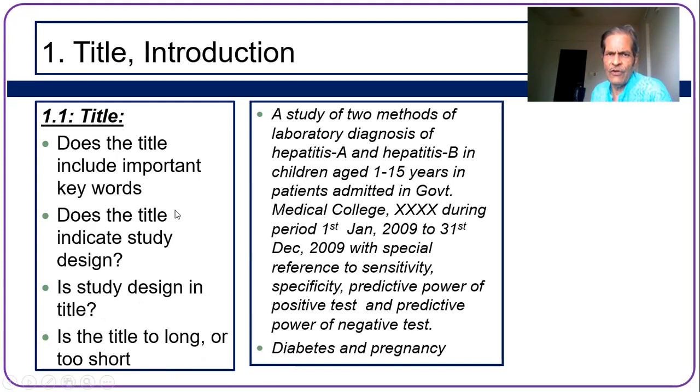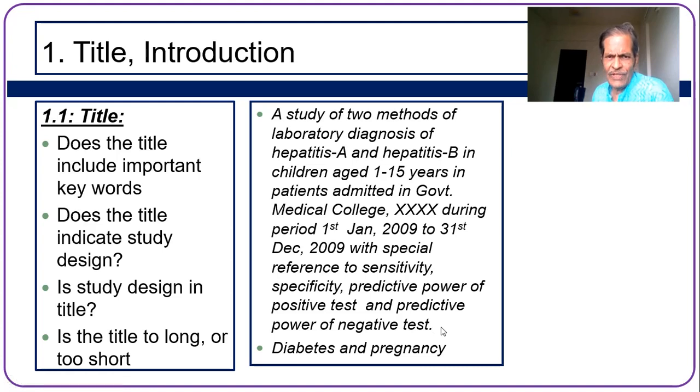The first is the study of two methods of laboratory diagnosis of hepatitis A and hepatitis B in children aged 1 to 15 years in patients admitted in government medical college of a certain place during the period 1st January 2009 to 31st December 2009 with special reference to sensitivity, specificity, predictive power of the positive test and predictive power of the negative test.